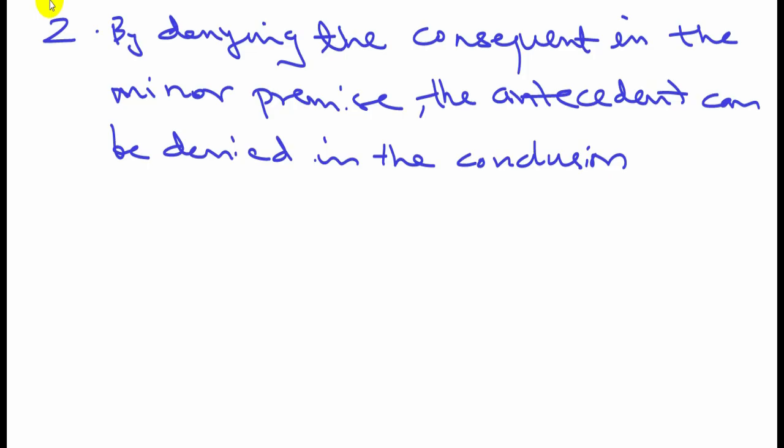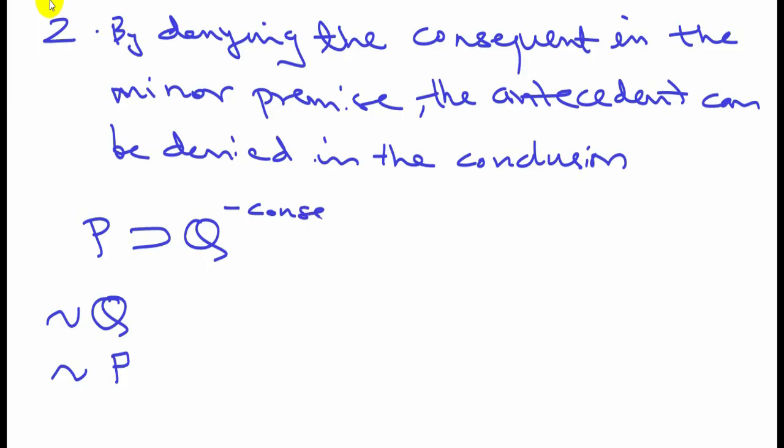This is the same as modus tollens or destructive hypothetical argument. So if P, then Q, then the minor premise is denying Q, and therefore the conclusion is denying the antecedent. The minor premise is denying the consequent.